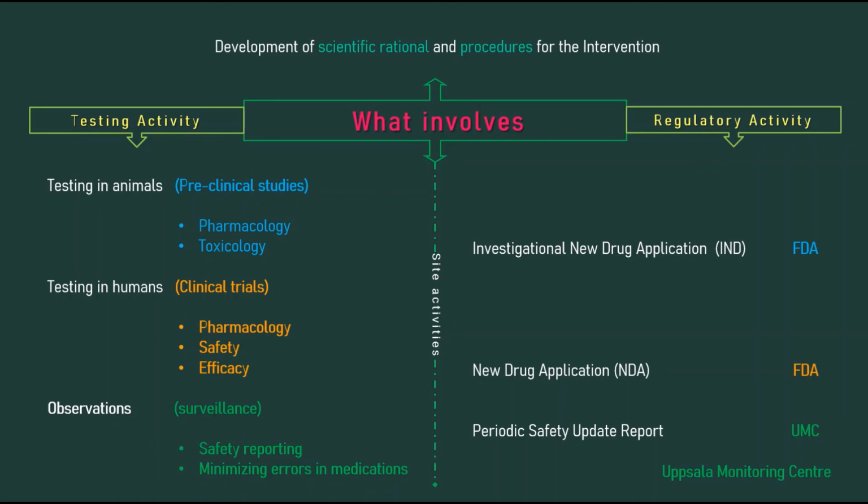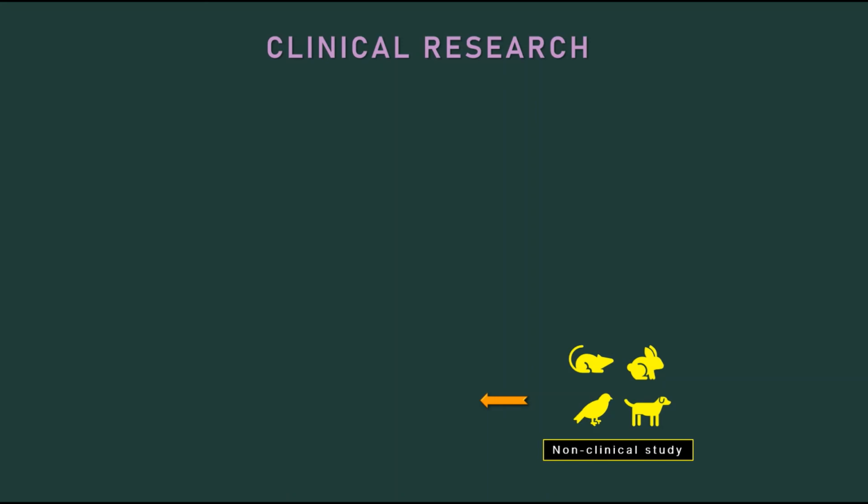This is the whole set of activities involved in the clinical research. The biological evaluation starts with the animal studies, which are known as the non-clinical studies. It involves the evaluation of the pharmacological and toxicological information in animal models like rats, mice, rabbits, pigeons, dogs, monkeys, etc. After the successful evaluation of the non-clinical data, it proceeds to clinical evaluation in the human models.